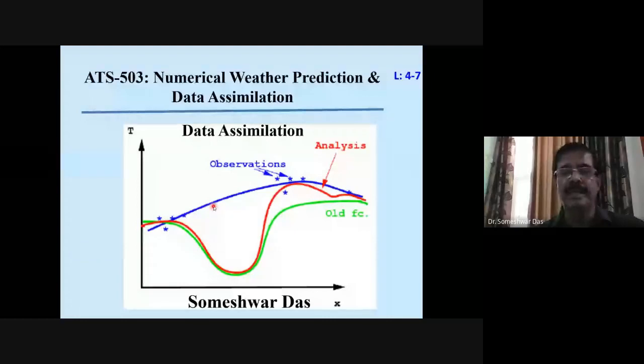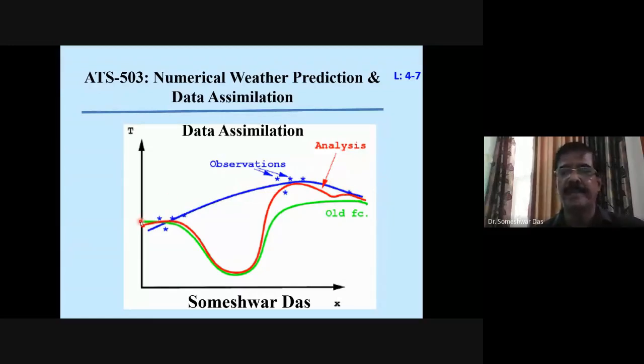These stars are indicating the observation points, the observations. So some observations are available at this location, some observations are available at that location. These stars are the observations, and these are the observations available in time. So basically, this blue line represents the observations, the variation of observations spatially as well as temporally.